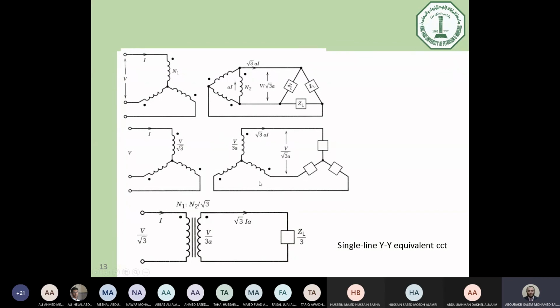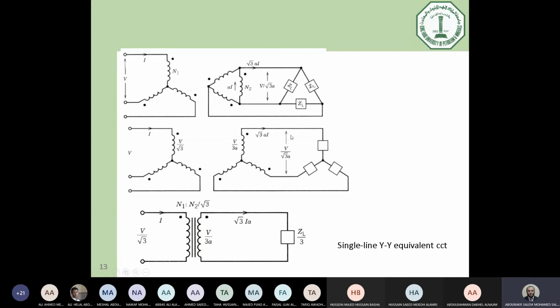It's not the right connection. The virtual connection says this voltage should be 1 over square root of 3 of the line voltage, and this is the actual line voltage. So the phase voltage now should be V divided by 3a. Okay, is it clear?